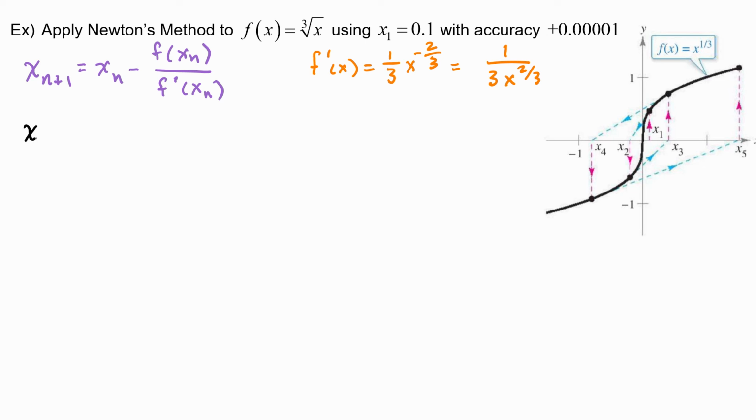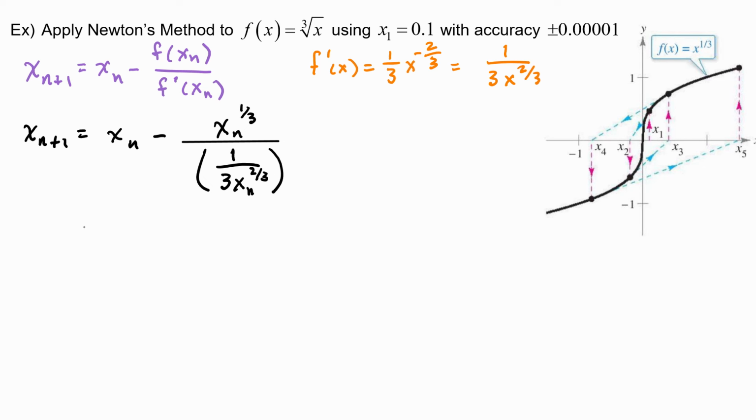Then xn plus 1 is going to equal xn minus f of xn, which would be xn to the 1/3 power, over f prime of xn, which would be 1 over 3 xn to the 2/3.